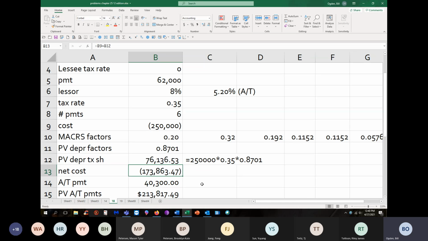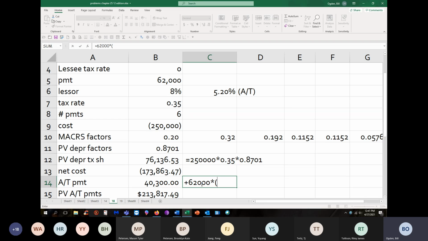173,863. Okay, now keep in mind the question in this problem is not the same as it was in question 14. Here we're asking the question, what is the NPV of the lease? So we now have to find the NPV. So we take the 62,000 lease payment and convert it to after tax.